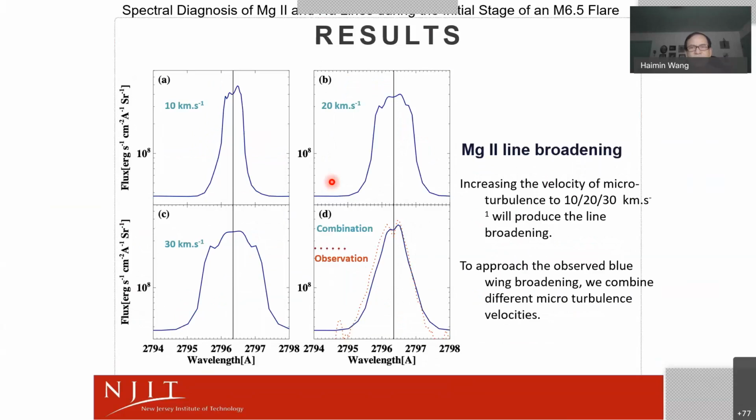Then she explained this sequence. In her modeling, you really can see the blue shift in the very beginning, followed by red shift, and finally the blue shift again due to the evaporation.